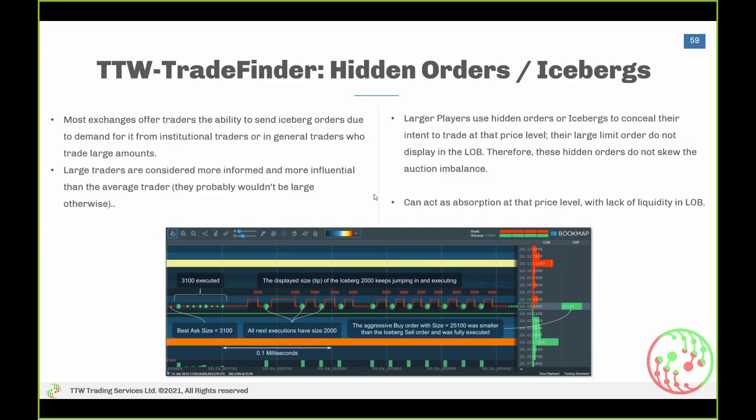Native orders, or native hidden orders, or native iceberg orders are orders which we can analyze and detect in the order book, because this is a single order ID which is refreshing until he unloads or gets everything he wants to trade.